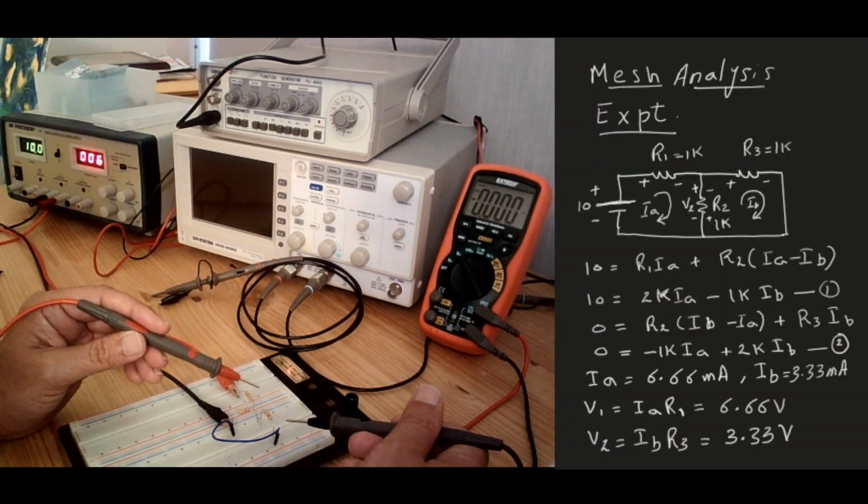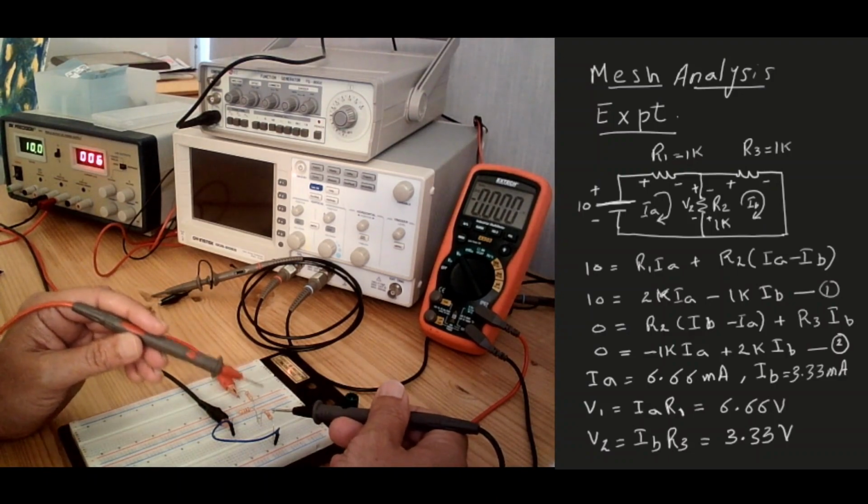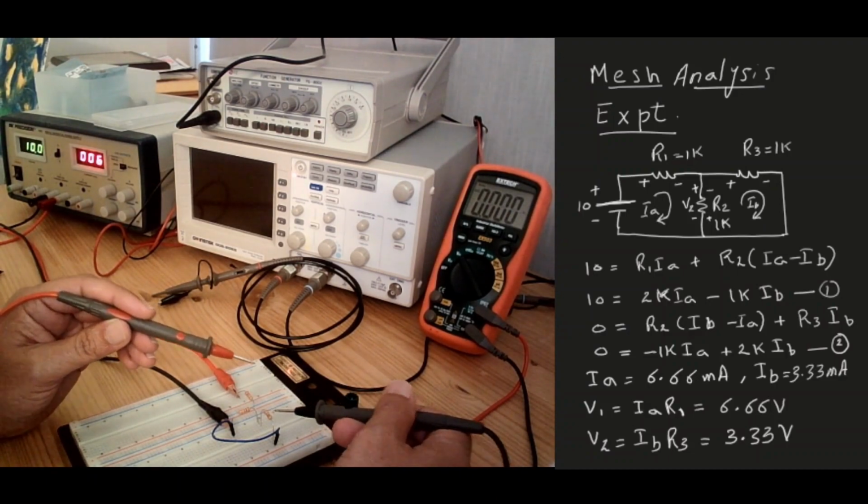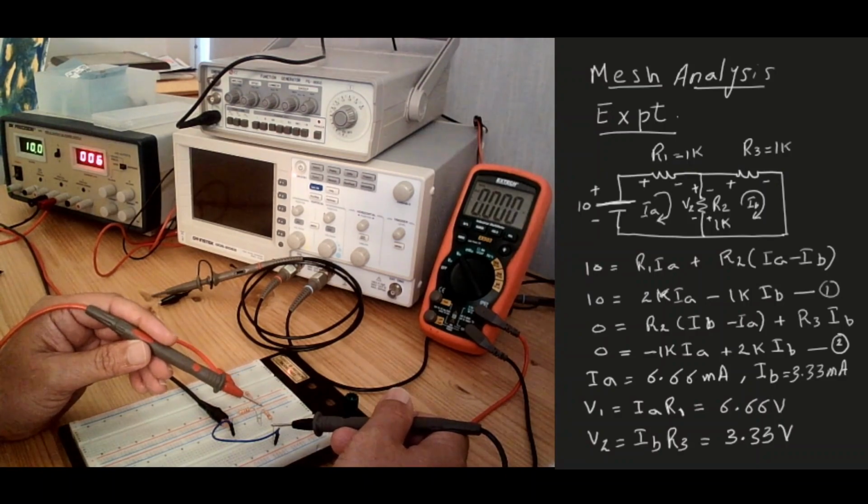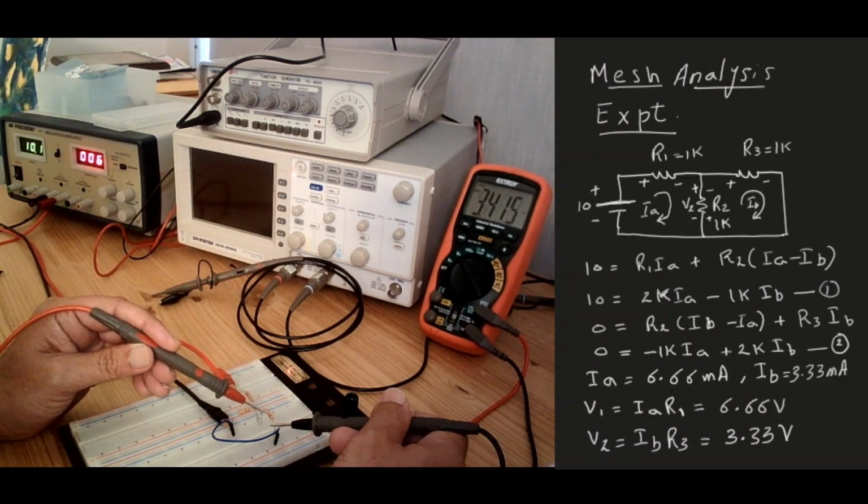Similarly, the voltage drop across R3, which is this resistor over here, should be equal to 3.33 volts. So let's see that one. I'm getting 3.4 over here, which is again close to what we calculated.